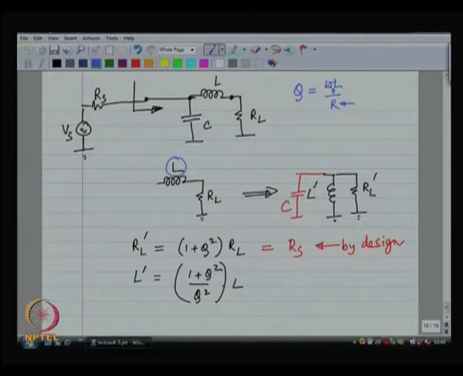So, therefore, I can compute the inductor value that I need, this inductor value. Then C and L prime should resonate. L prime is (1 plus q squared) by q squared times L. All right.